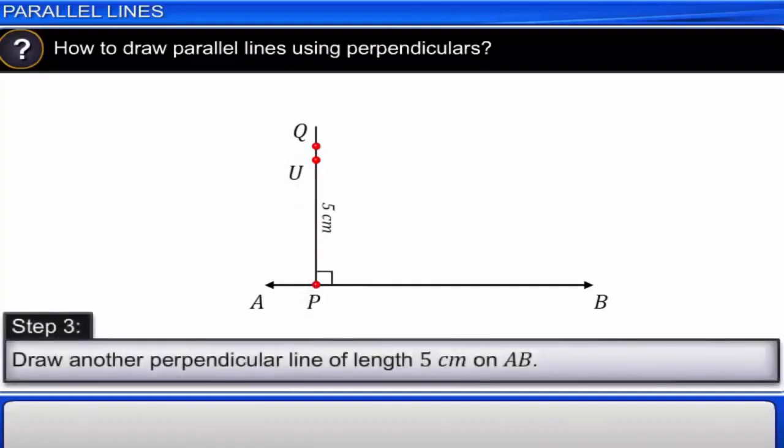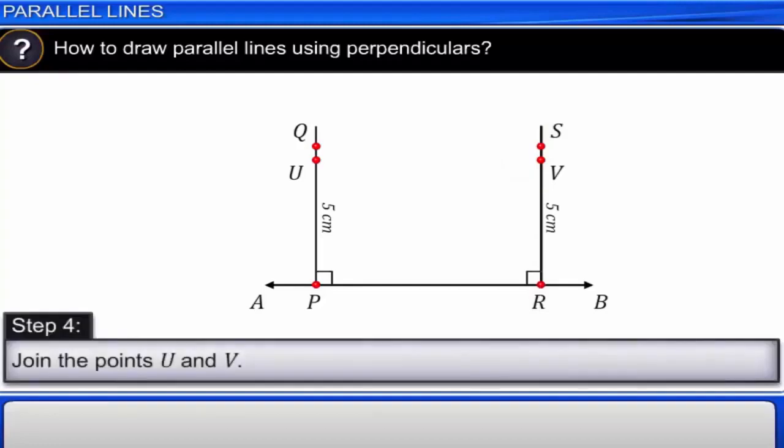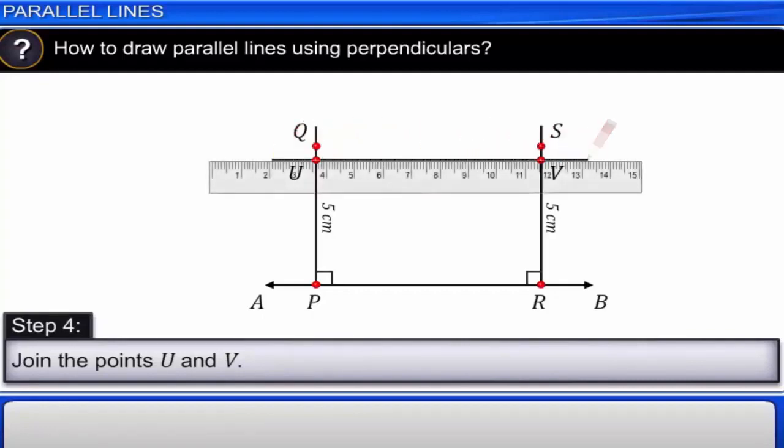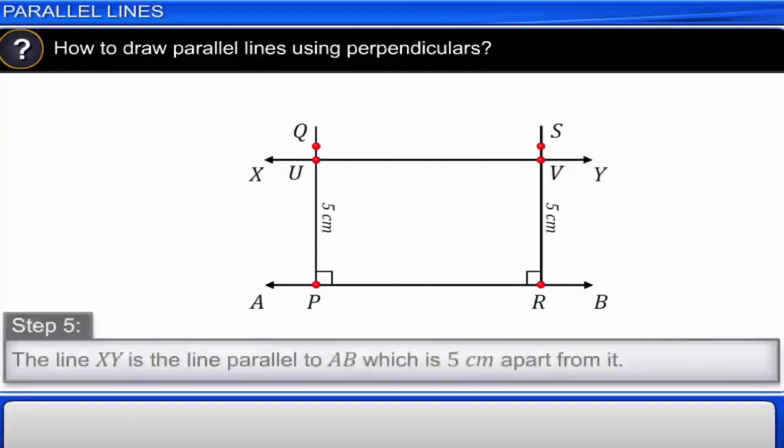Similarly, draw another line RV of length 5 centimeters perpendicular to AB. Using a scale, draw a line joining the points U and V. Thus, obtained line XY is the line parallel to AB, which is 5 centimeters apart from it.